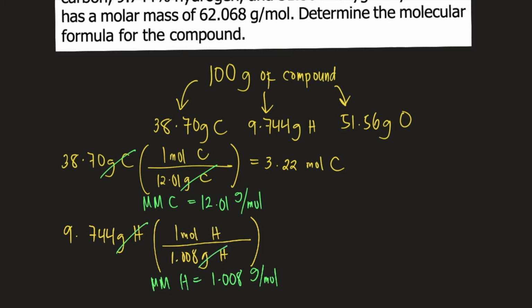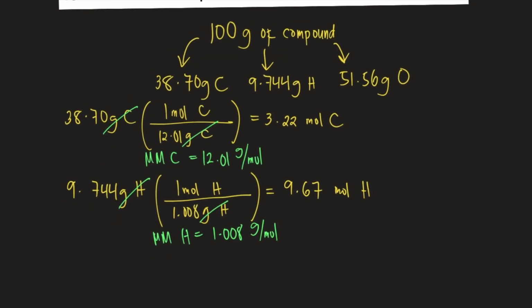Grams of hydrogen will cancel. Then you solve for the moles of hydrogen, which is equal to 9.67 moles of hydrogen.